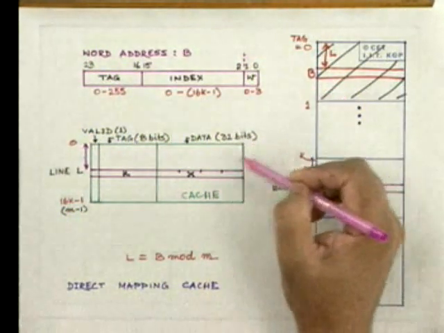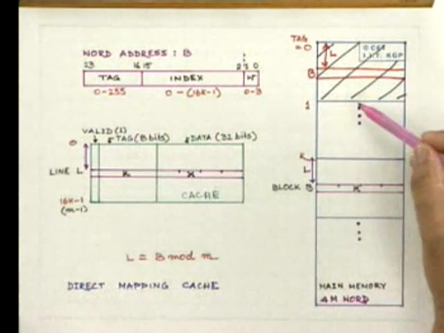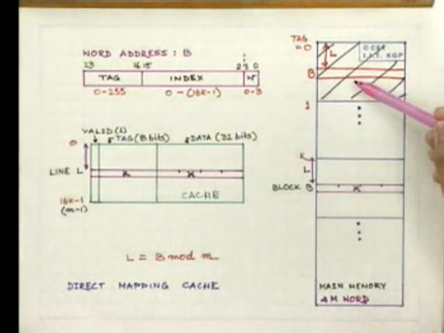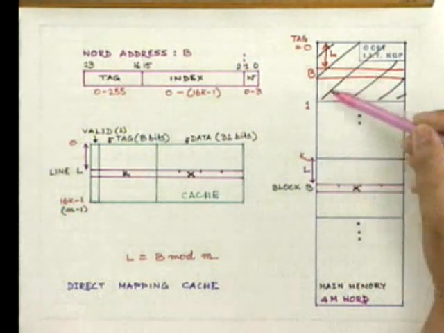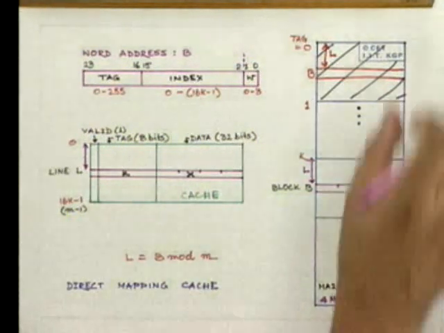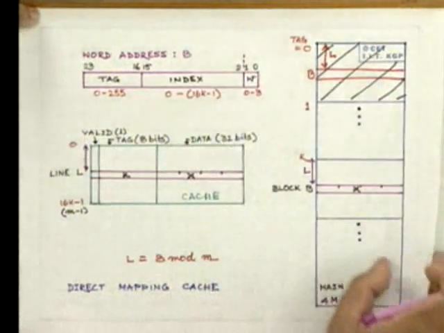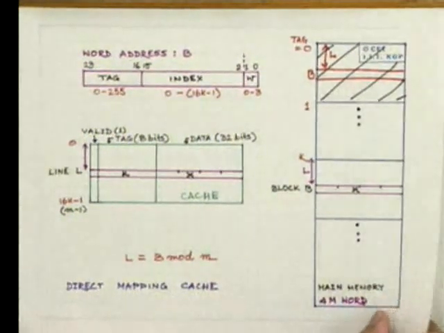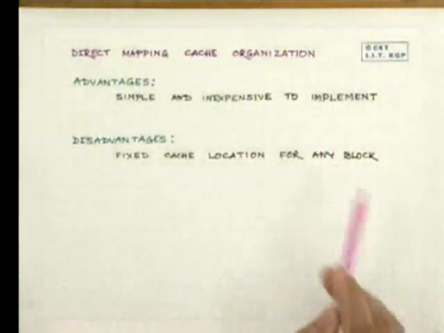Immediately you see that the hit ratio falls like anything, and that will be true if the instructions and the data they are dealing with are in blocks which map into the same line of the cache memory. In that case the hit ratio will immediately fall, and therefore the performance will decrease.